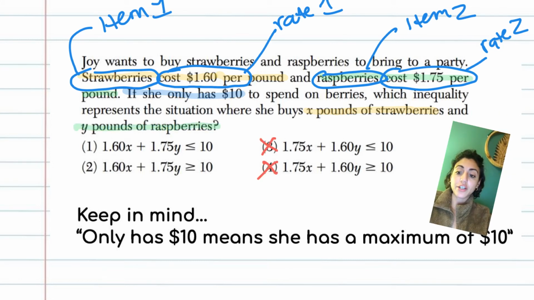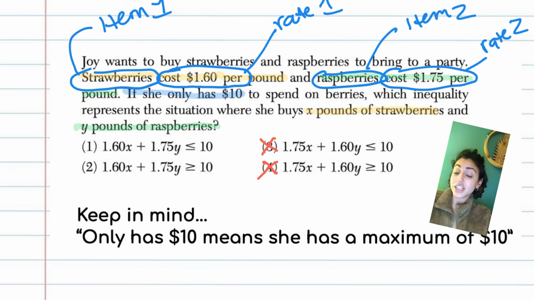Okay, so hopefully you figured out that it can't be answer choice 3 or 4 because 1.75 is the cost for the raspberries, not the strawberries, and strawberries is X. Okay, so it's in between 1 and 2, and we have to think about the scenario like Joy only has $10, meaning she has a maximum of $10. So that means that for the strawberries and the raspberries, she can't spend more than $10.